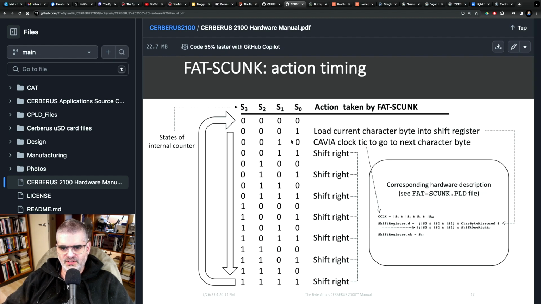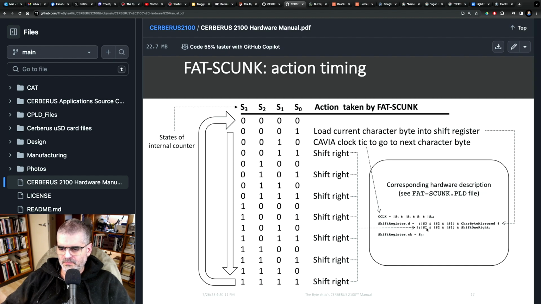In other words, this is the cavia clock here, when S1 goes from 0 to 1, and everything else is 0, because you see, negated S3, negated S2, S1, and negated S0. It's 1 out of 16 possible states. That's why the cavia clock is 1/16 of the pixel clock, which is clocking the counter here.